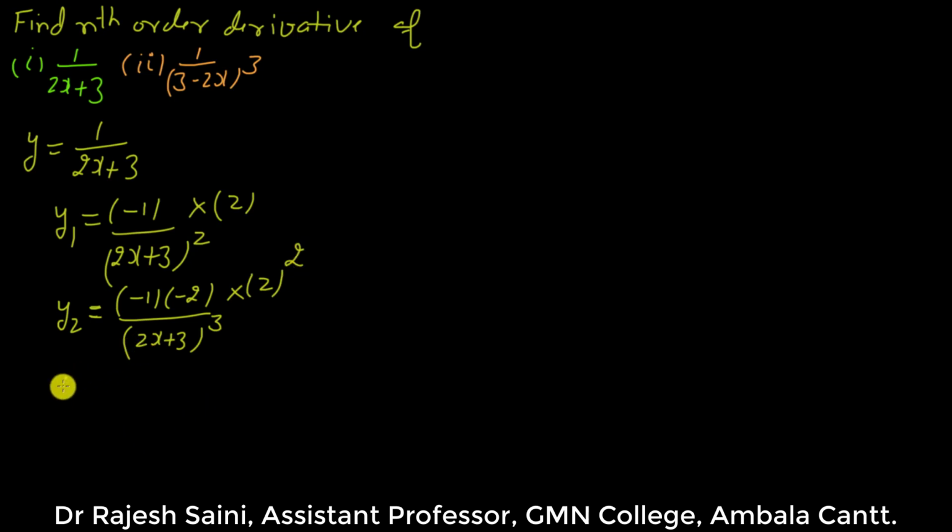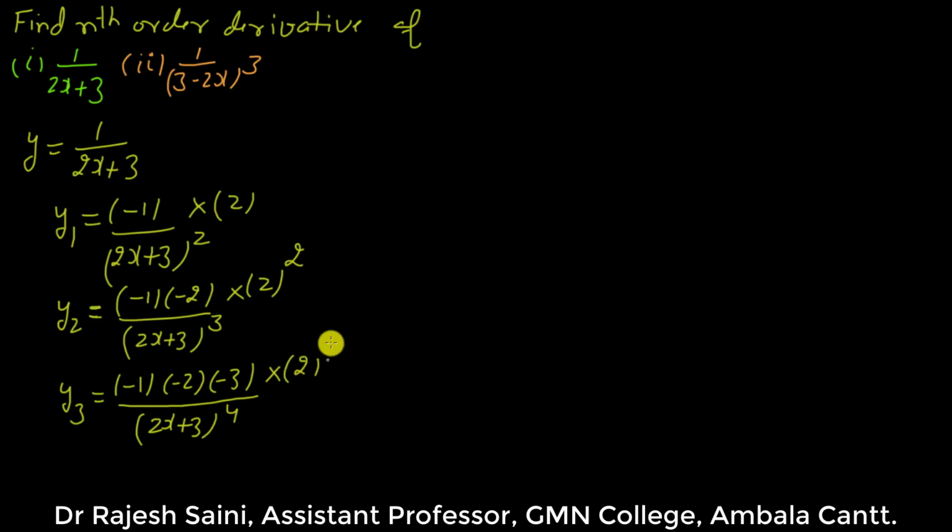Now we will differentiate one more time. Let us see what happens. Differentiating again, minus 1 minus 2 minus 3 divided by (2x plus 3) raised to the power 4, and one more 2 will come, so it will yield 2 raised to the power 3.